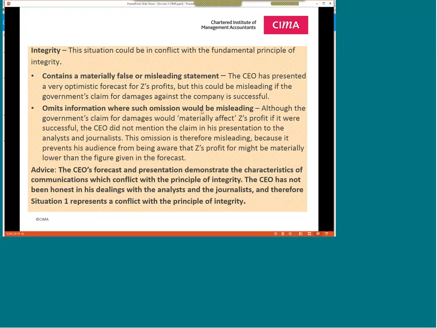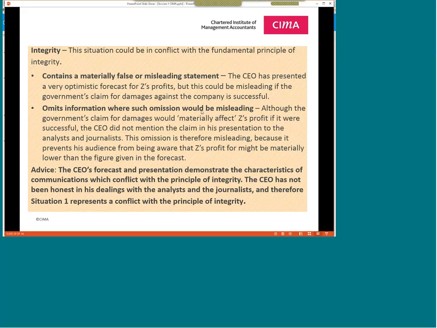So for example, in this case, the reason is it contains materially false or misleading statements, and you are stating the case study facts. On the exam, when you are answering this question, you need to really explain why integrity is an issue. Part of the integrity issue was not providing false and misleading statements, right?